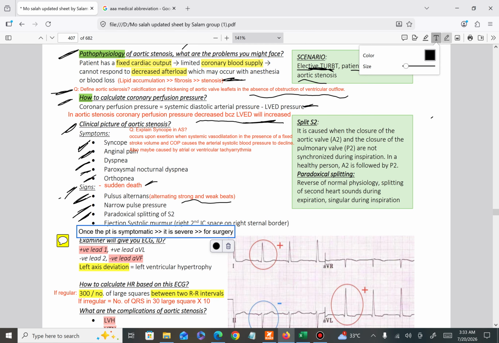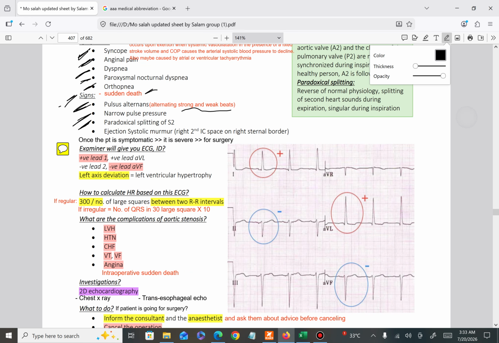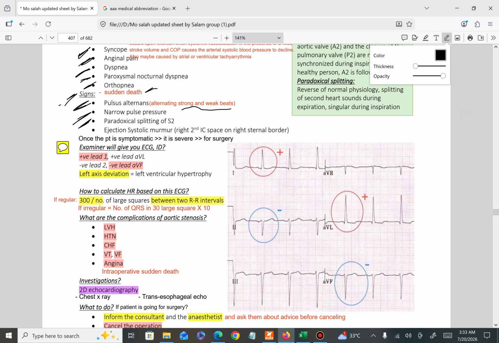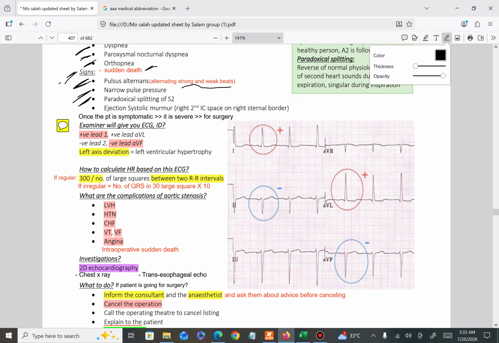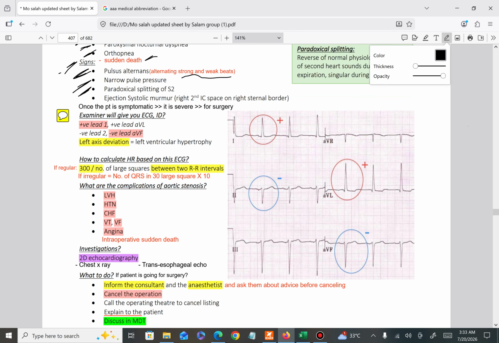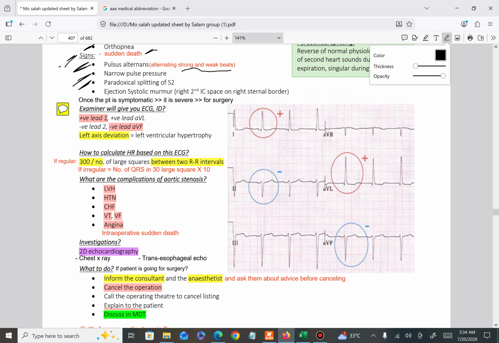So these are the signs present in the aortic stenosis. Once the patient is symptomatic, it is severe aortic stenosis, and for surgery it is severe aortic stenosis, so surgery cannot be performed in this case.